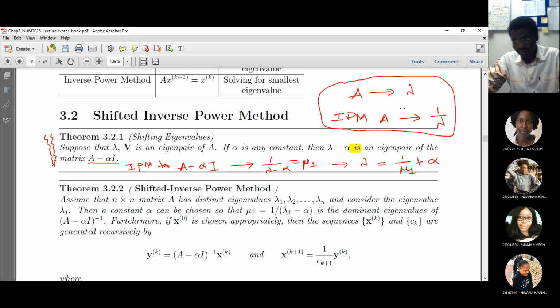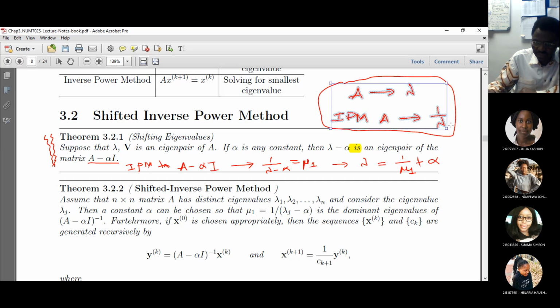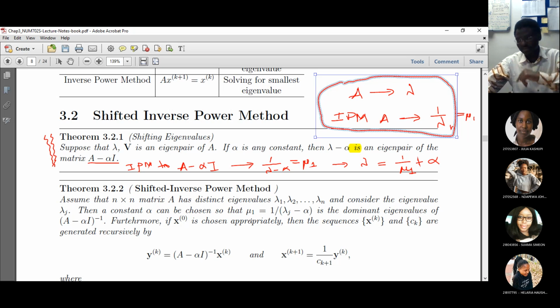It will be a dominant, right? It will give us the smallest. So this will be mu1, that will be 1 by lambda n, if you want. This will give us the smallest, because the inverse will give us the smallest. So that's what I call mu1. And then if I take the reciprocal of that, I have the smallest.